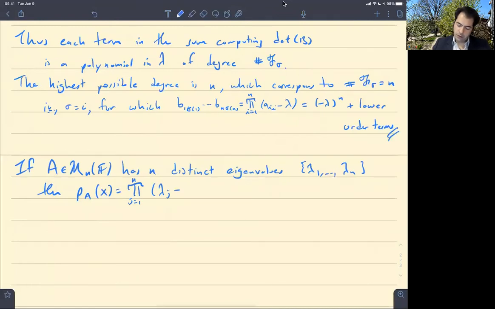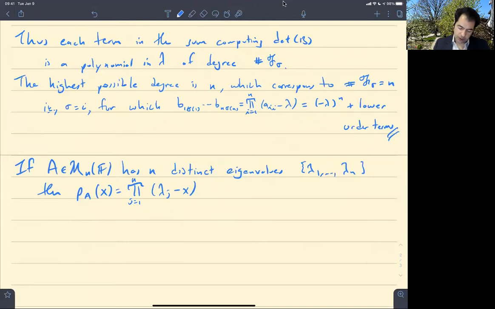Let's use x for the polynomial variable, and the lambda_j's are the eigenvalues, so it's not confusing which are the eigenvalues and which is the variable. Here it is factored into linear factors, one per eigenvalue.